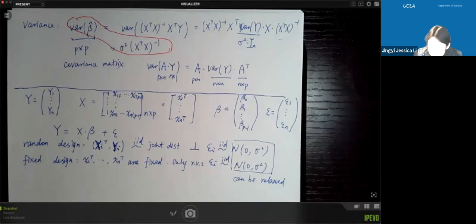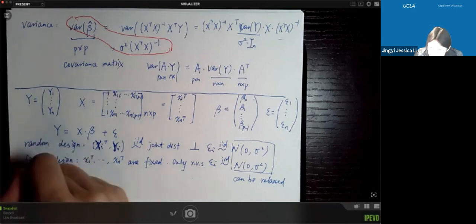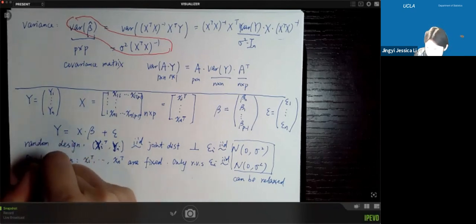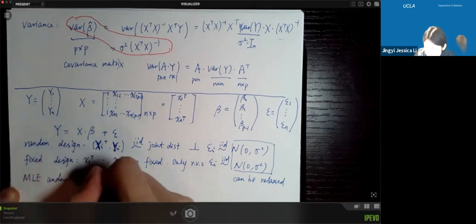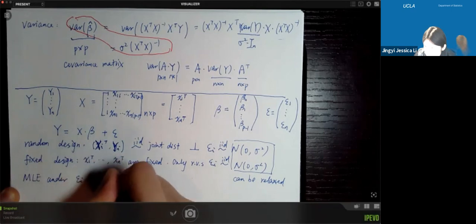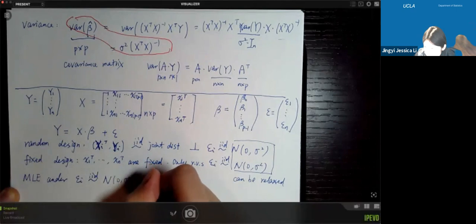And as a result, in econometrics, because they assume random design more often, the plugin estimator for the covariance matrix of beta hat, maybe I should say it. Last time we did MLE under the Gaussian assumption and fixed design.